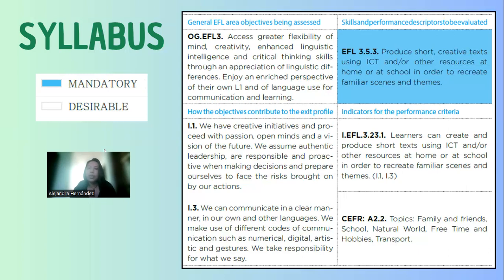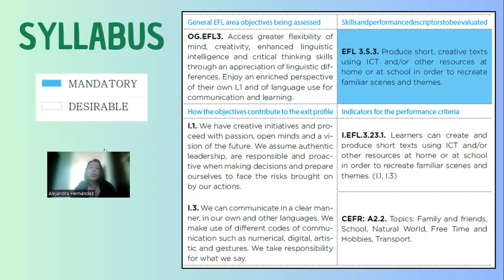But we need to take into account that the skills are followed by indicators. In the second part of the indicators, we have some topics that we need to teach our students, like family and friends, school, natural world, free time and hobbies, and transport.